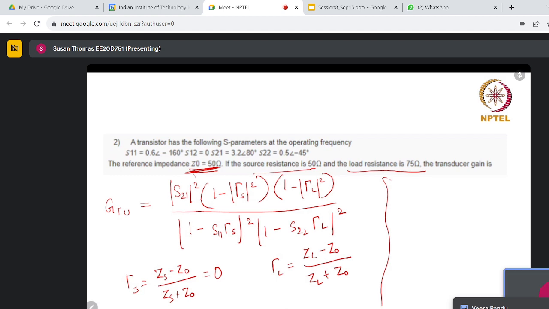I am asking for this question. 0.2. Yes, 1 by 5. Okay. So now this gamma S is 0, so this term is going to be 0.